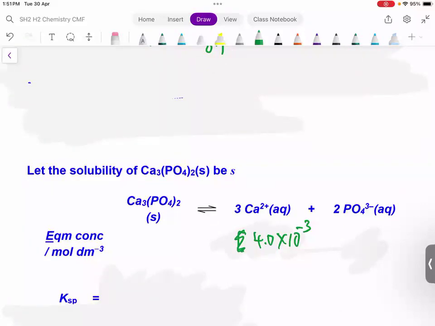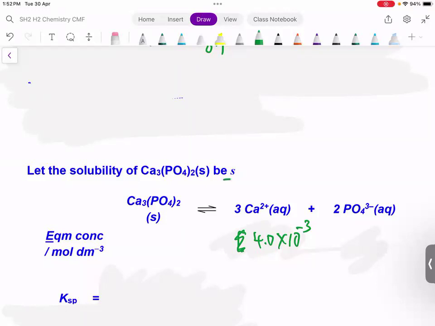Then what is phosphate? How do I deduce the concentration of phosphate here? I don't know it directly, but it's related to the solubility of calcium phosphate. In the construction of the ice table at equilibrium, what will be my phosphate?